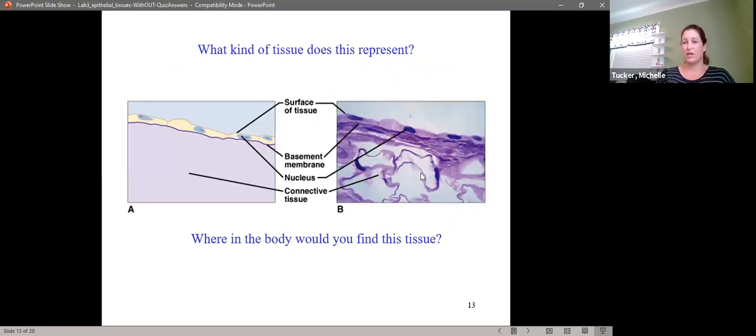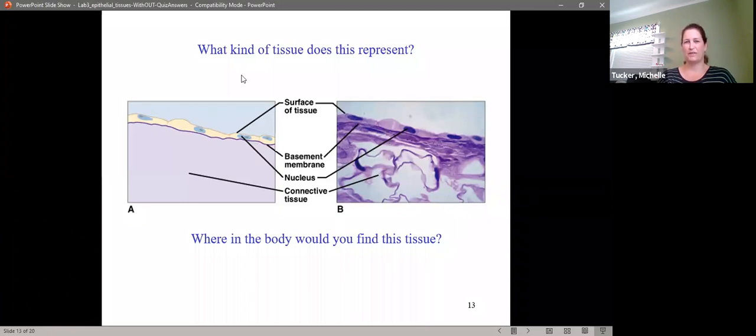This is not the slide that you will see on your quiz or your lab exam. Those will come from the next PowerPoint. This is one that is much more blown up or magnified, but it is to illustrate the shape of the cell and how many layers.